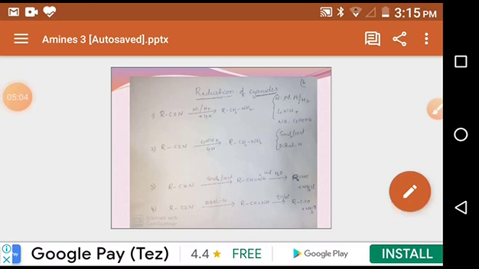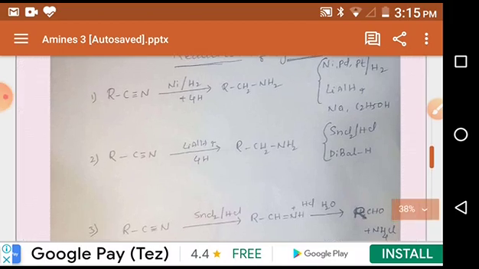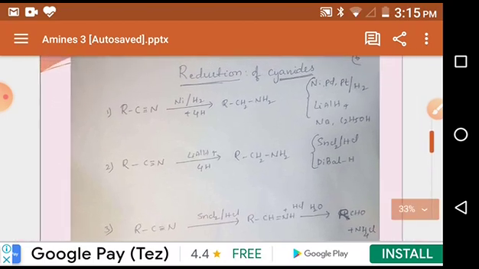So cyanides undergo reduction reactions in the presence of these reducing agents: nickel, platinum, palladium with hydrogen, or lithium aluminum hydride, or sodium metal with ethanol. These three reduce cyanides into primary amines. If we take methyl cyanide or acetonitrile, we will get aminoethane, that means ethylamine.